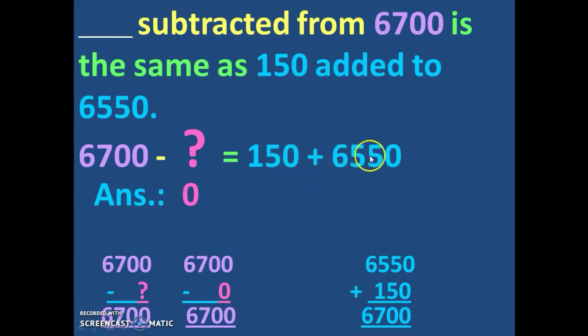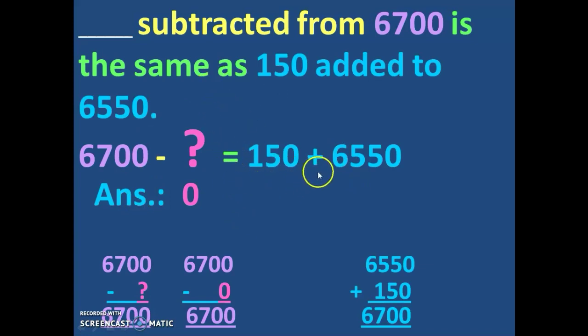So I am going to add these two and see. If I add these two, I am getting 6,700 over here. And here already you have 6,700 minus which number will give you 6,700? Because we have discussed already that when a set of numbers is given on both sides, they should be equal when they say same as. Equal to comes when same as is given.